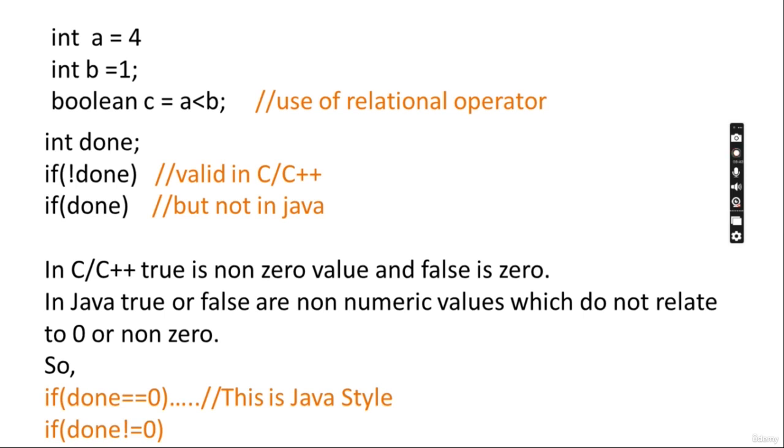So you have to check it using the equal to and not equal to relational operators. Directly you can pass a Boolean variable here like if c, if not c, because c is a Boolean variable which directly relates to true and false. But you cannot use an integer variable in an if block, else block, while loop, do while loop, or for loop.